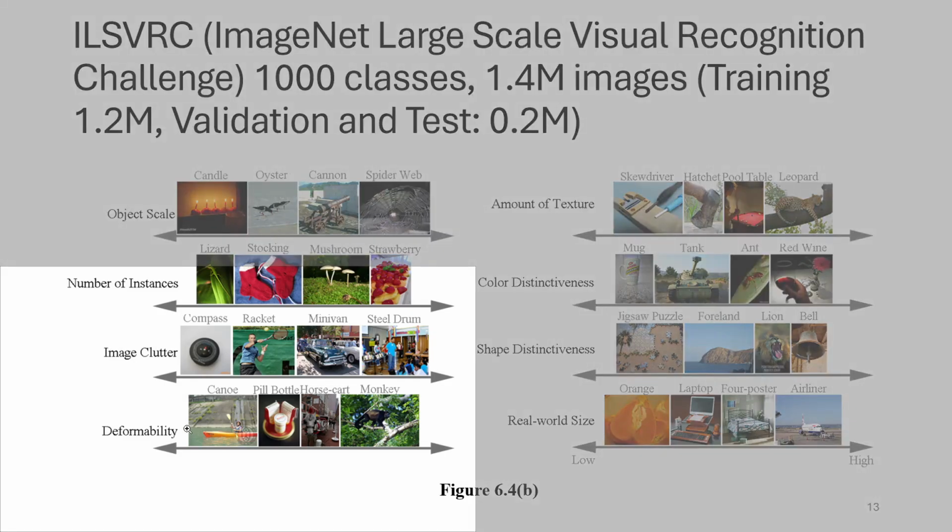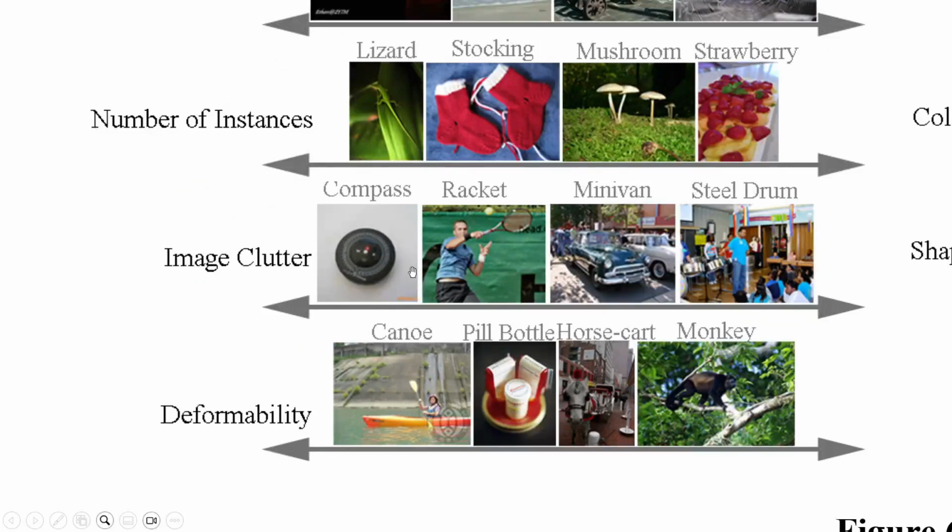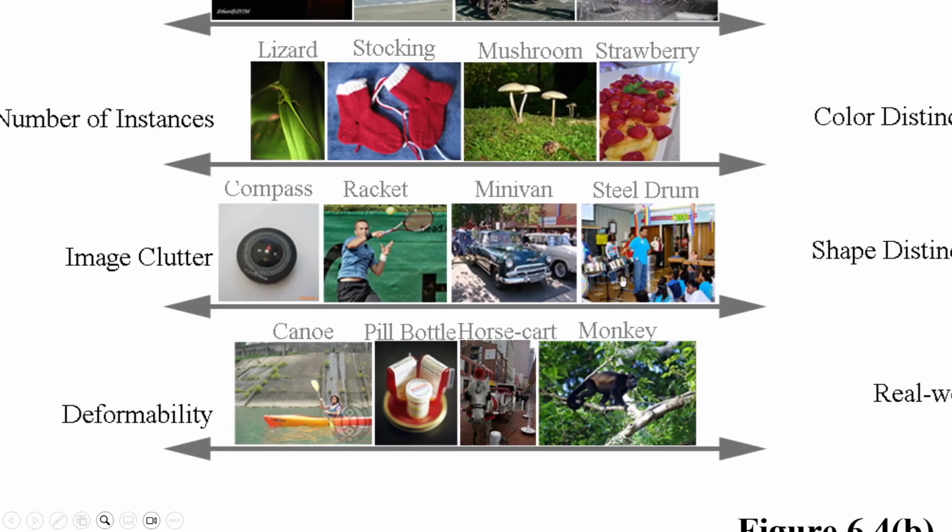So you can see there are other factors. Image clutter means the canvas is very simple, just one object at the center of the image, and still recognizable. But how do we recognize a small part of an image?